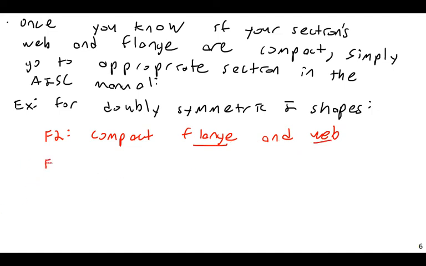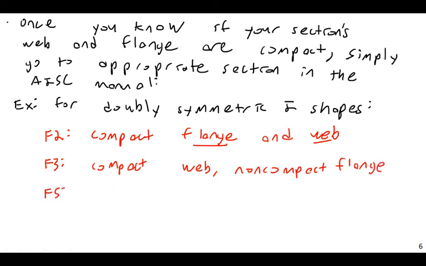F3 would be for compact webs but non-compact flange. And F5 would be for a slender web. These are just a few, and there are other sections in Chapter F as well that you might look at.